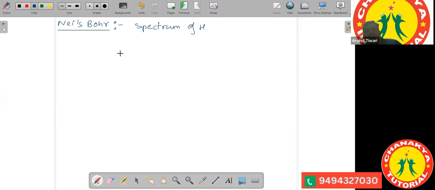Okay, so not only Rutherford, after Rutherford, whatever everyone has said, everyone had performed some experiments, and only then the person said, yes, it is like this. That is why it was accepted. So Niels Bohr studied the spectrum of hydrogen, and he gave his theory of fixed orbits.